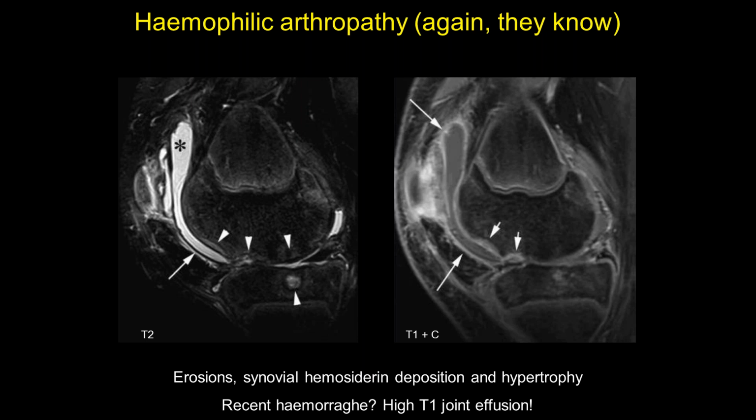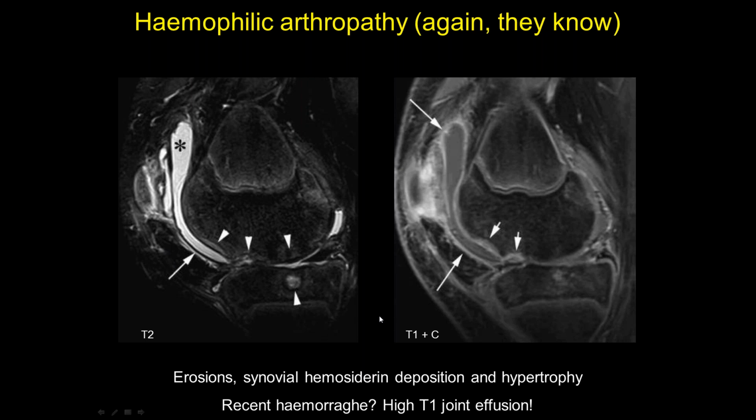The problem with these patients is that even though they get their therapy, they get their von Willebrand factor and all these types of fancy medications, still sometimes there will be bleedings in the joint. And these bleedings cause structural lesions like erosions. As you can see here, there's quite a few erosions.